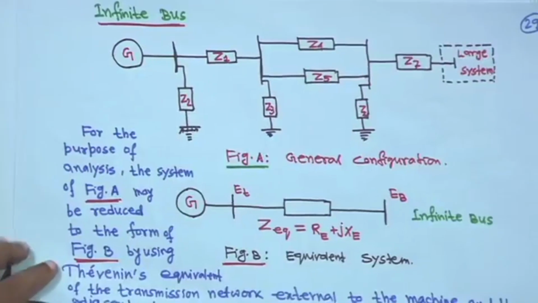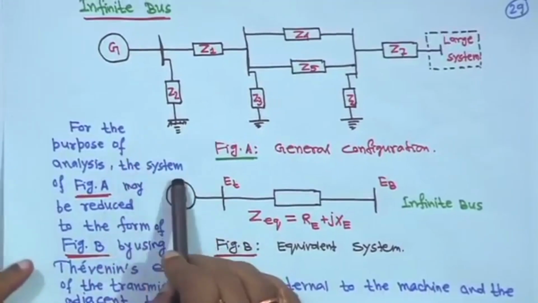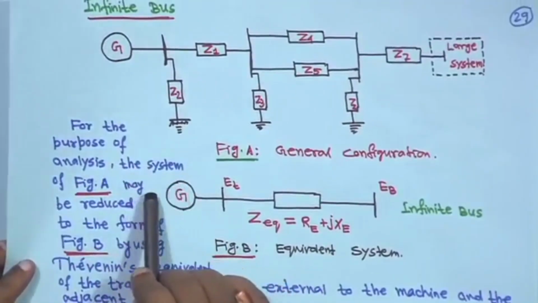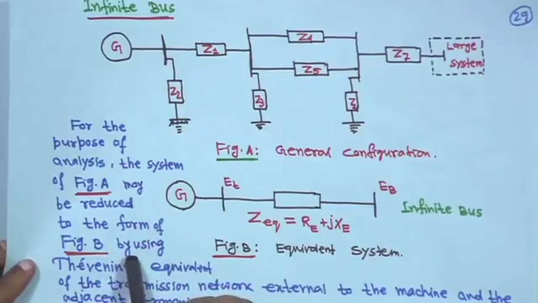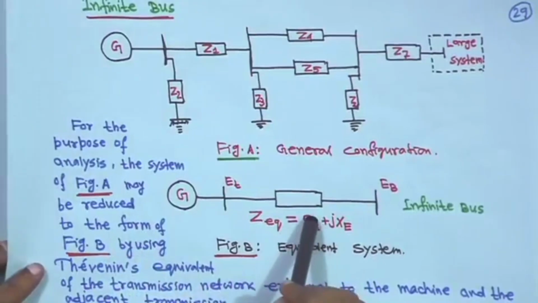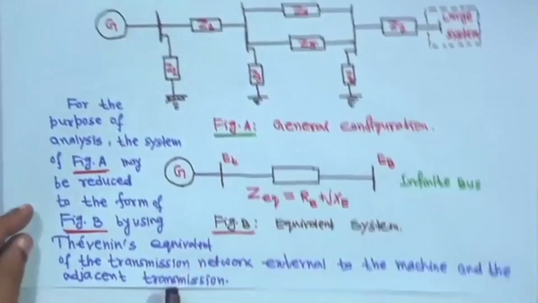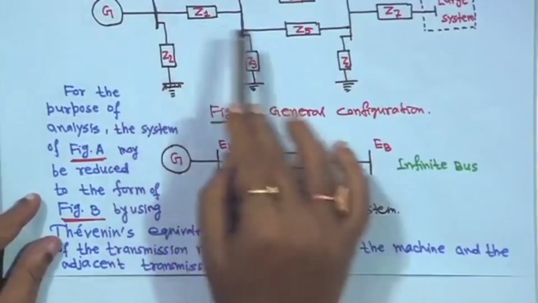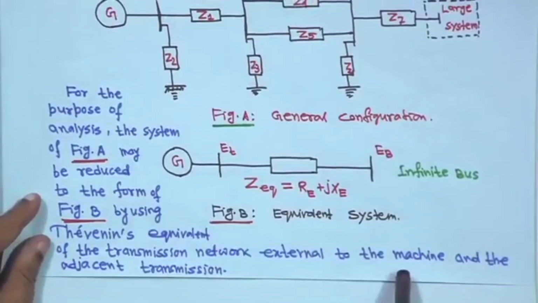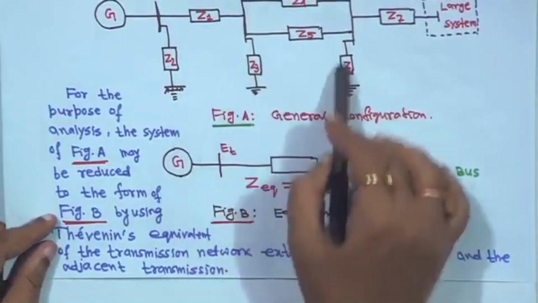So, for the purpose of analysis, the system of figure A may be reduced to the form of figure B. This is the form of figure B. This equivalent has been made by using Thevenin equivalent of the transmission network external to the generator, or external to the machine and the adjacent transmission line.